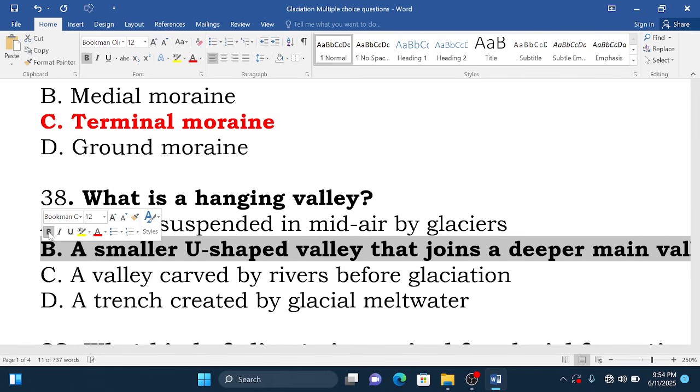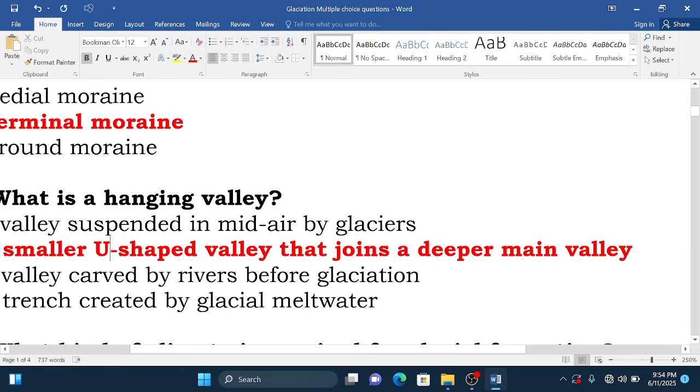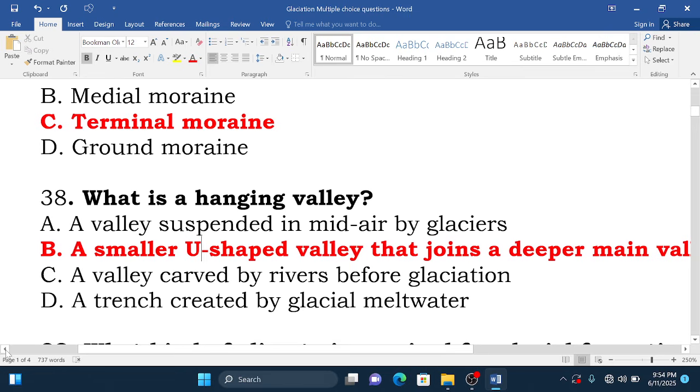So this one is a smaller U-shaped valley that joins the deeper main valley. Let's go to question number 39.